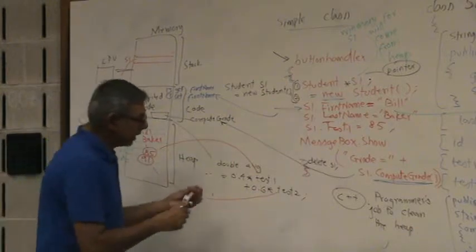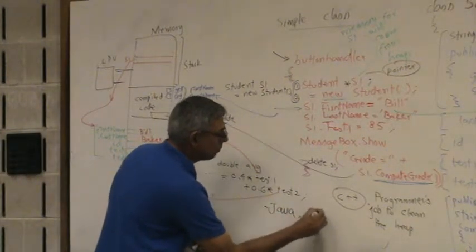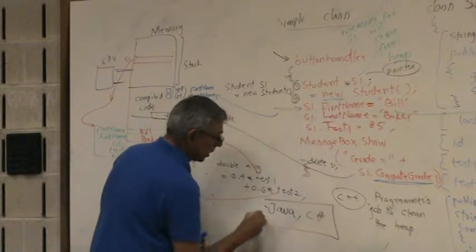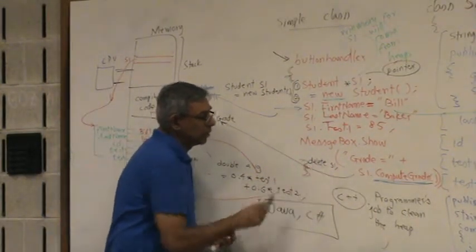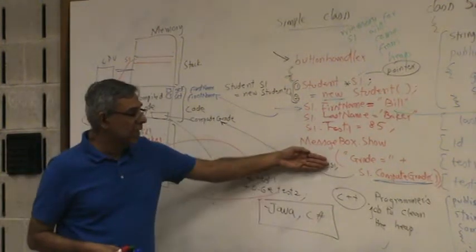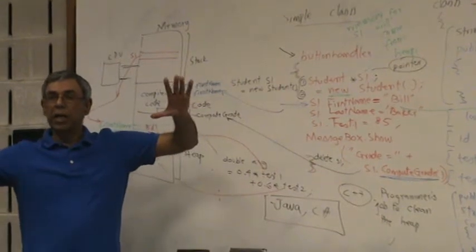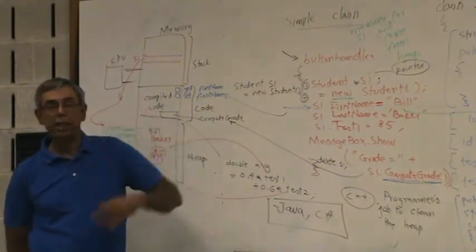Now languages like Java and C#, both of them take a different approach. Why should a programmer remember to call the delete? See, what if you forgot this, right? And you created a big application where millions of users are using it.